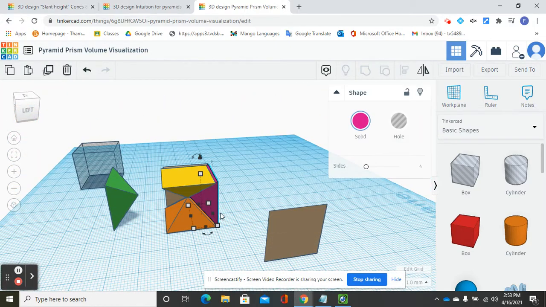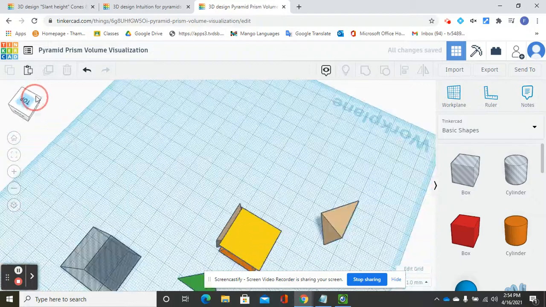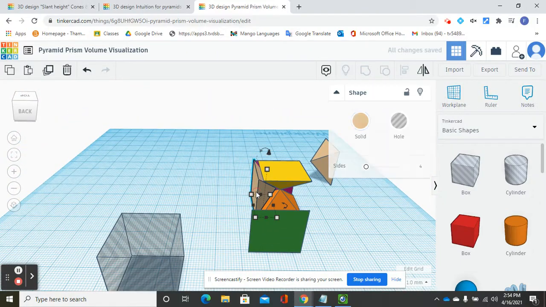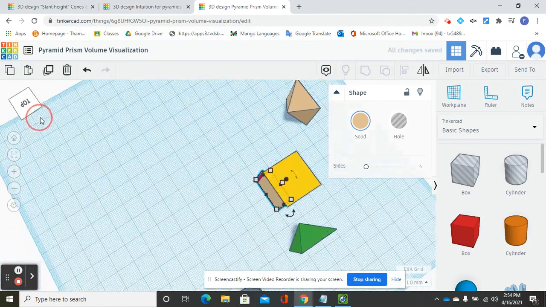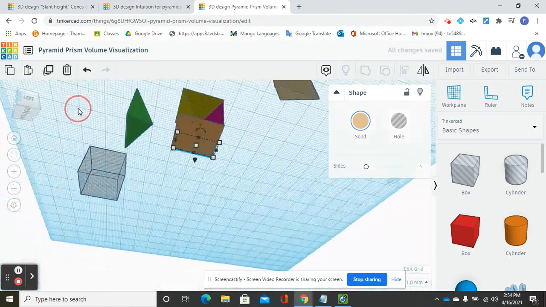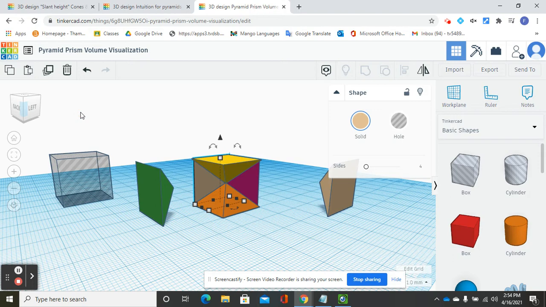So I'm building the same prism. Let's bring that one in. I've now got most of my cube put together. I've just got two more.